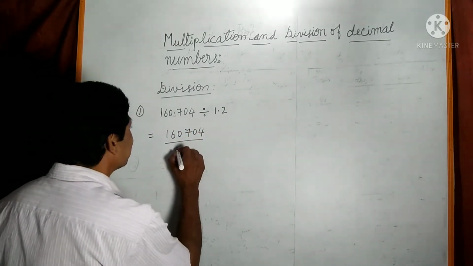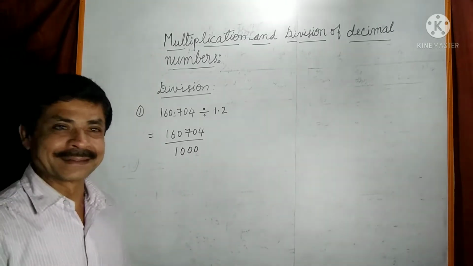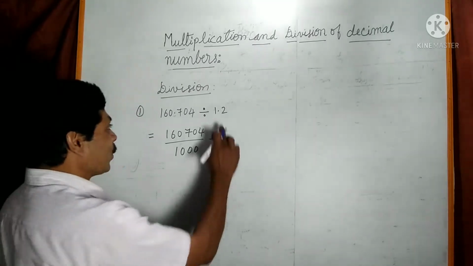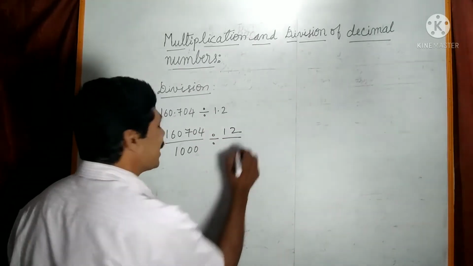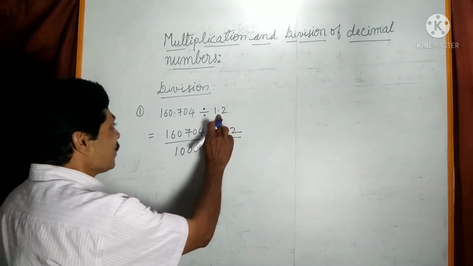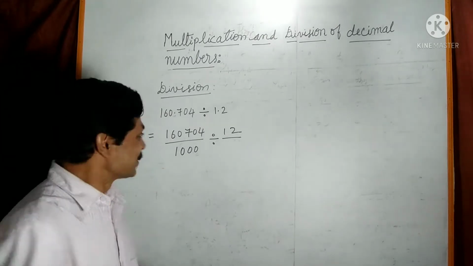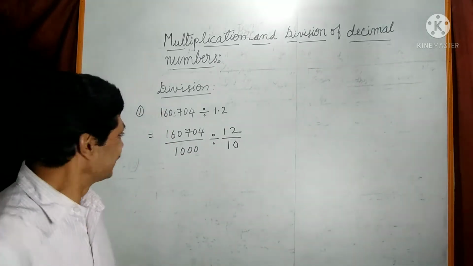So we will write 3 zeros, divided by, we will remove this decimal point and we will write 12 divided by, here 1 digit after the decimal point in the decimal part. So we will write 10.